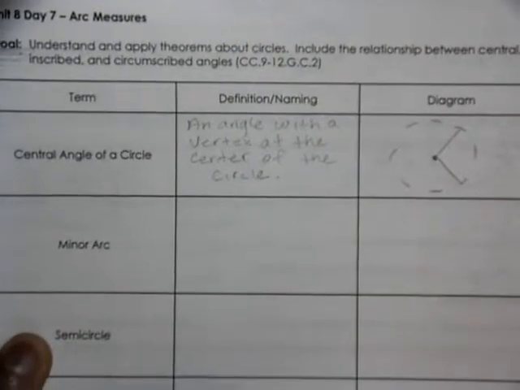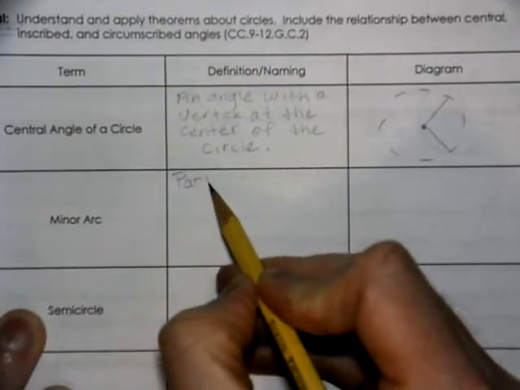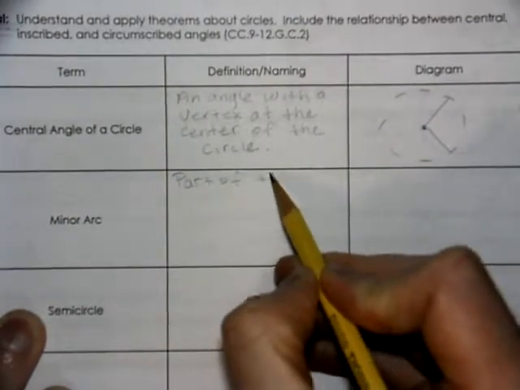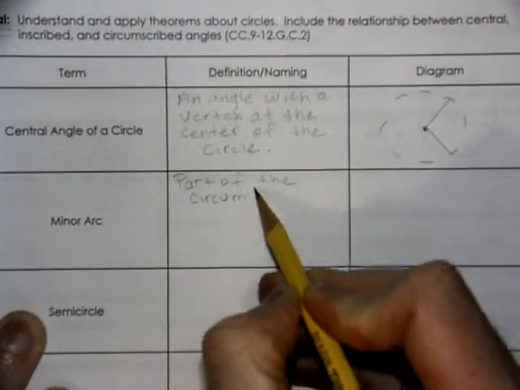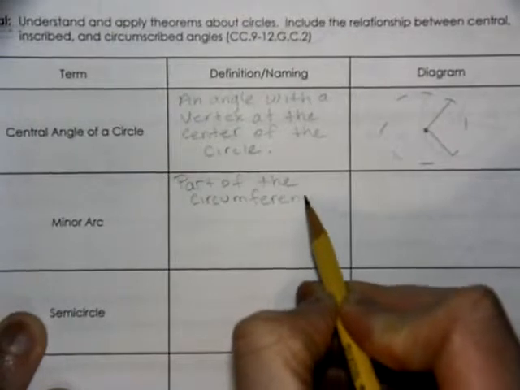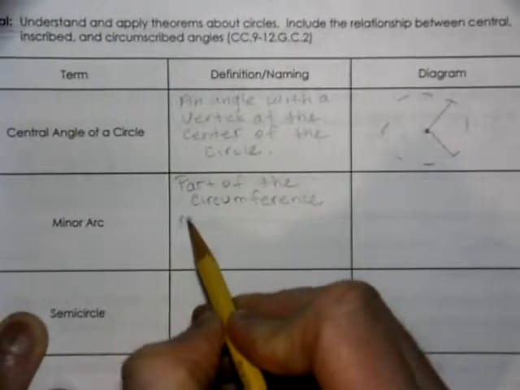A minor arc. It's part of the circumference, measuring less than half the circle.